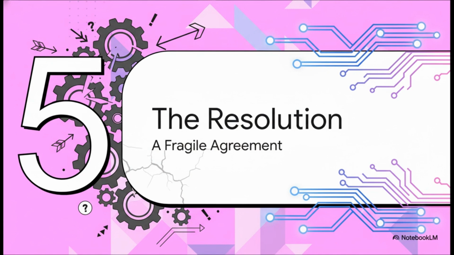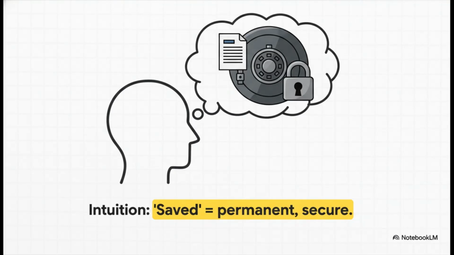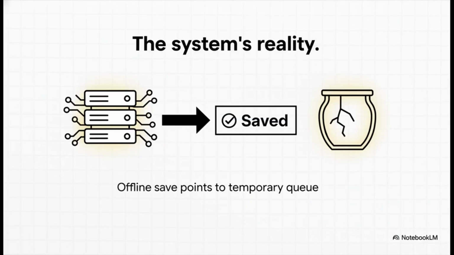And that brings us all the way back to the resolution. The reason this is so frustrating is because there's a mismatch. It's like you and the app have a fragile agreement and you didn't even know it. See, your intuition, which is totally reasonable, says that saved means permanent. It's safe, it's locked in. But the system is playing by a different set of rules.